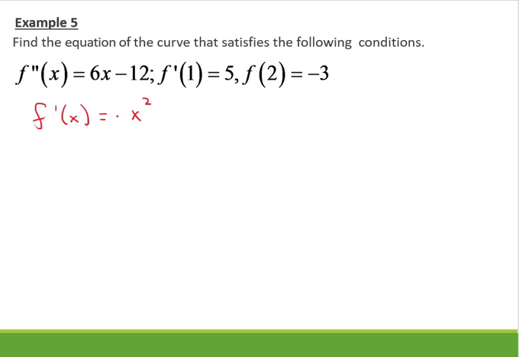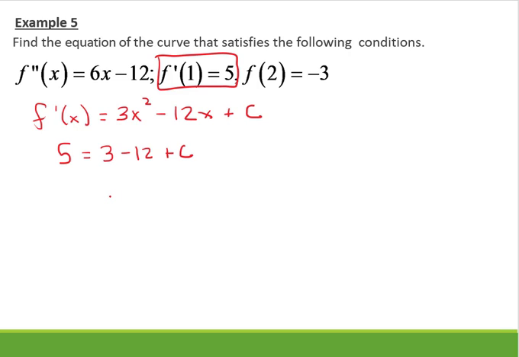I use this piece here because this is 5 equals 3 minus 12 plus c. I get c to equal 14. I just plugged in 1 for x. So I now have my f prime of x function.